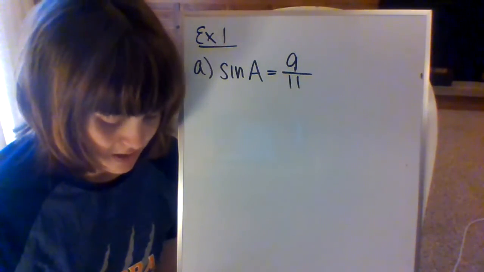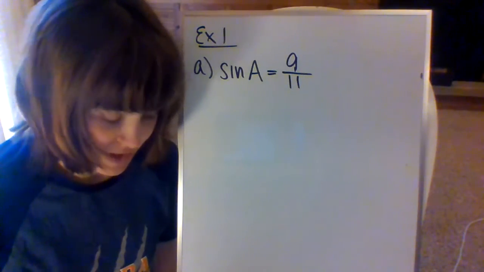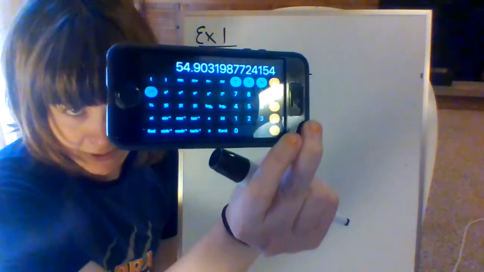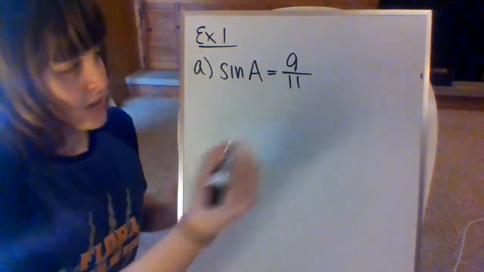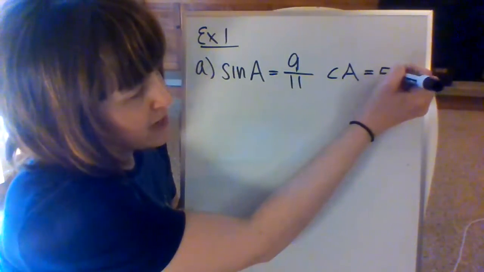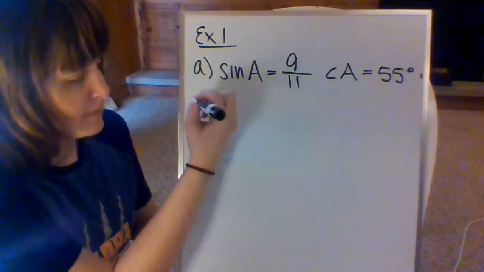So second and sine inverse. And if we round this to the nearest whole degree, that's going to be 55. Okay, so angle A equals 55 degrees.